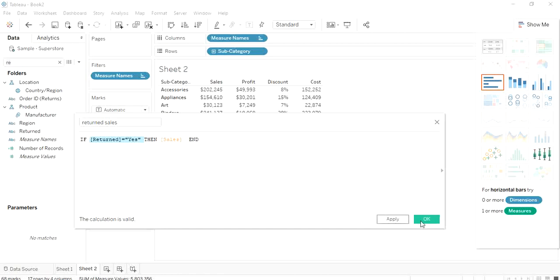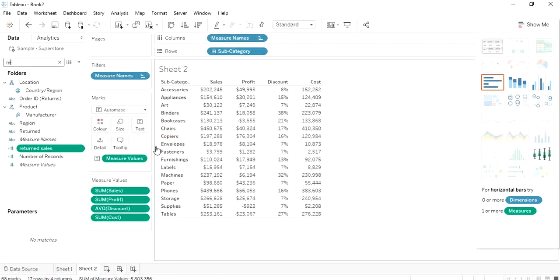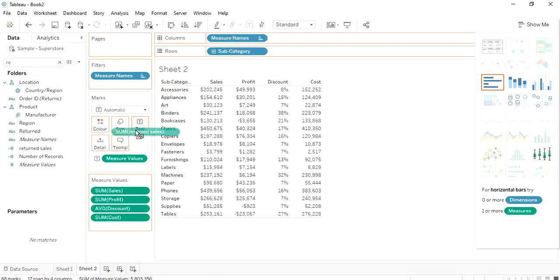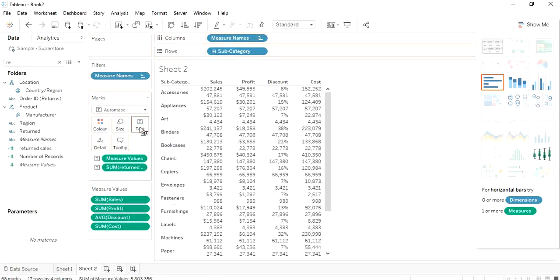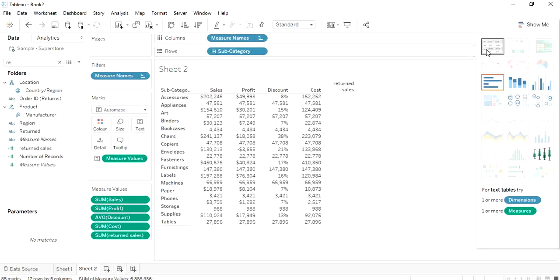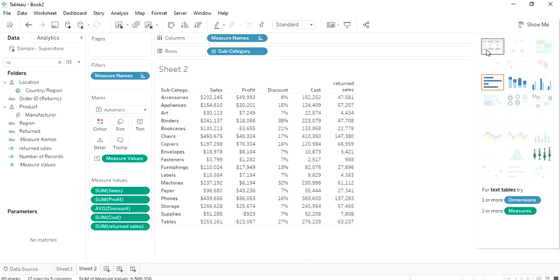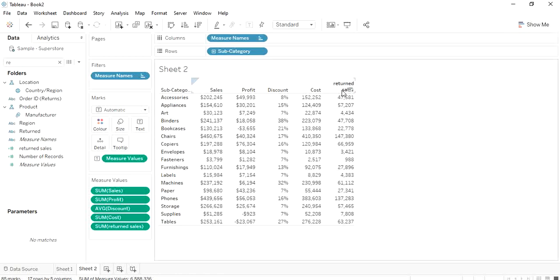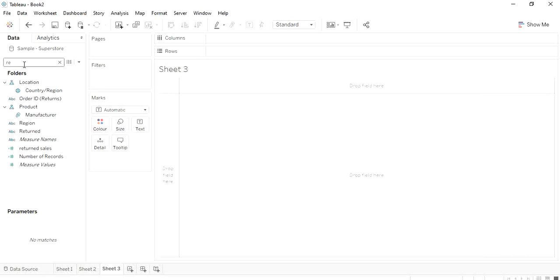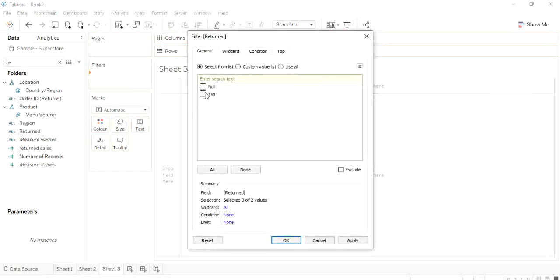So I'll say apply, and let me bring this here, and validate whether I'm getting the returns right or not. I'll bring that return first here and select yes.